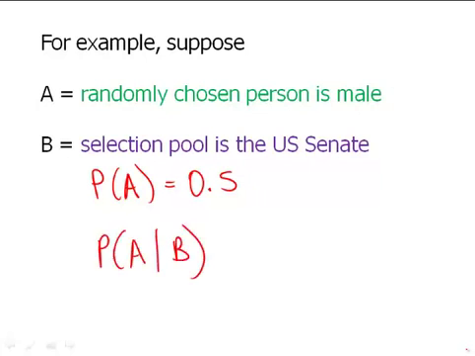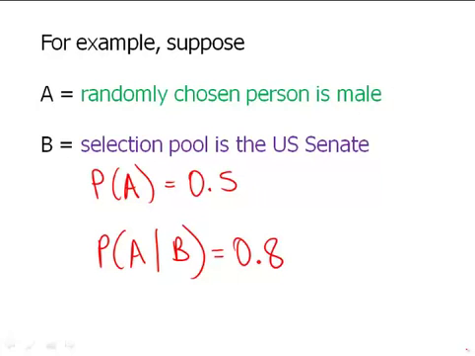So given the condition that the person I'm picking is from the Senate, what is the probability that I randomly pick a male? Well, in the current United States Senate, as it happens, there are 80 men and 20 women. And so the probability of picking a male is 0.8. Now, of course, in a perfectly just and fair world with no sexism, this also would equal 50%.